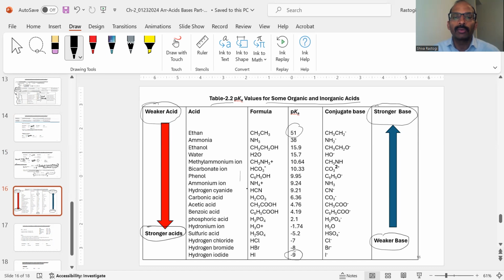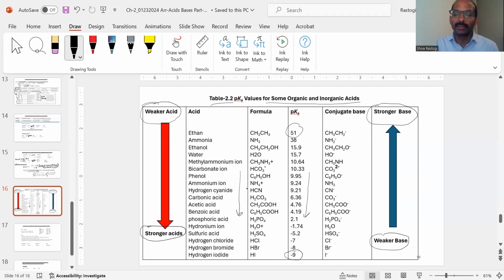As you go down, acidity will increase because the pKa value is decreasing. The more the pKa value is toward zero or toward a negative number, the stronger the acid.